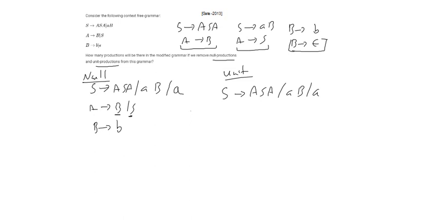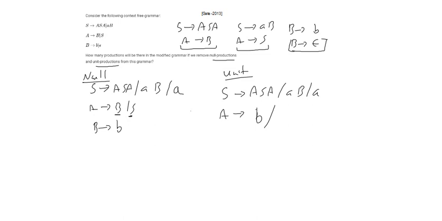Then capital A implies, how to remove unit production? The non-terminal on the right hand side which is obtained as a unit production will be replaced with its production rule. So instead of capital B, the production rule of B. What is the production rule for capital B? It is small letter b. Slash, we have S as a non-terminal on the right hand side.